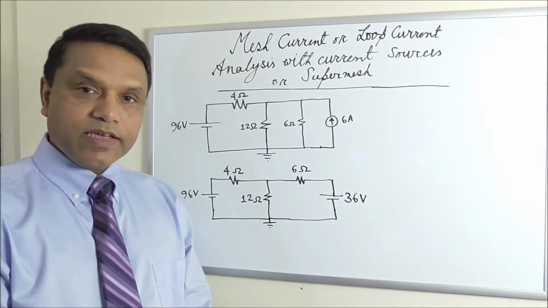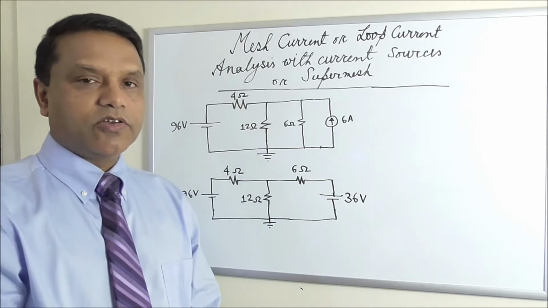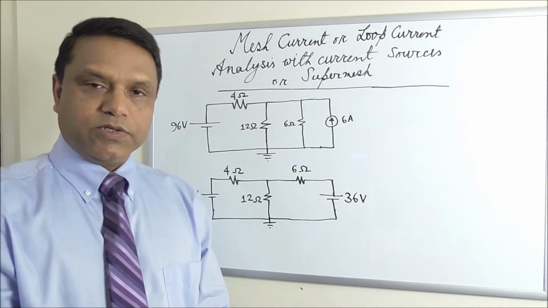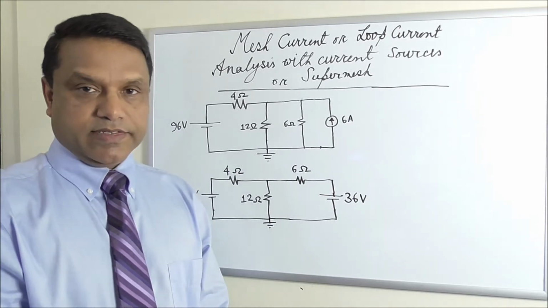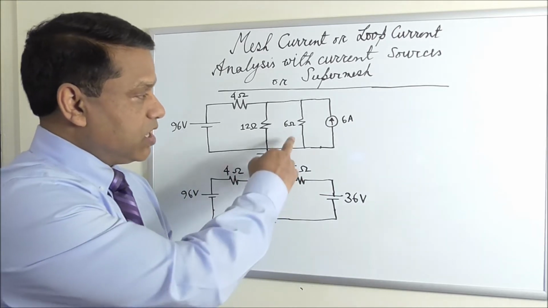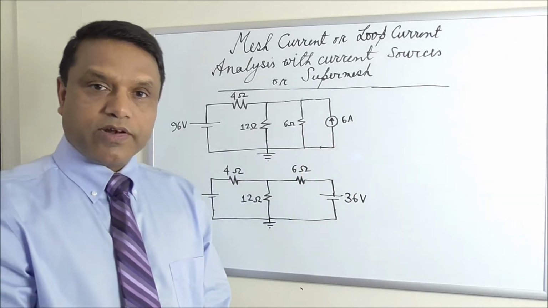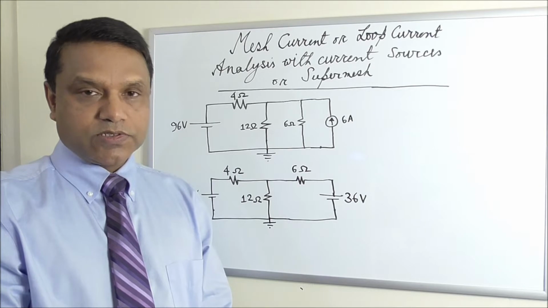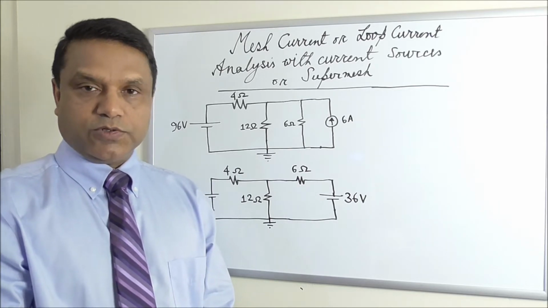You can do it this way, or you can choose to solve the circuit the way it is, without converting the current sources into voltage sources. Actually, that will be required in some cases, because in this case we have a parallel resistor with the current source. So we can convert this current source into a voltage source. But there will be circuits where there will be no parallel resistor with the current source.